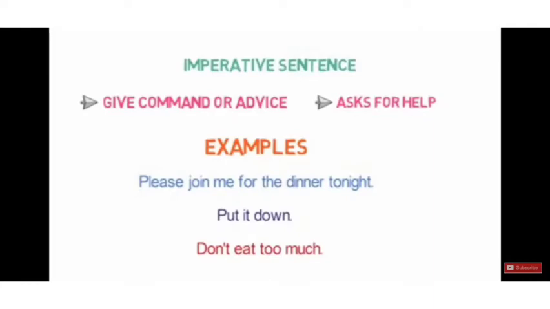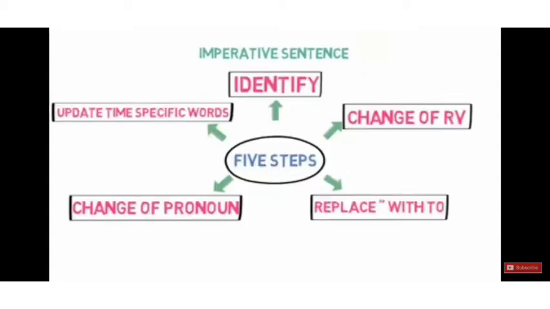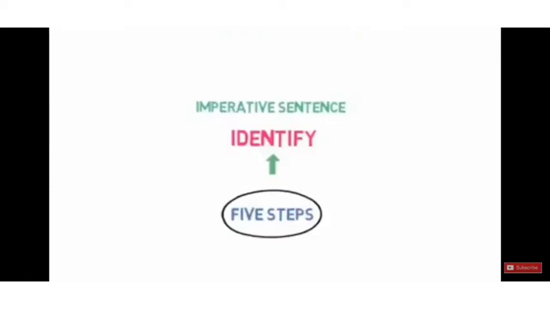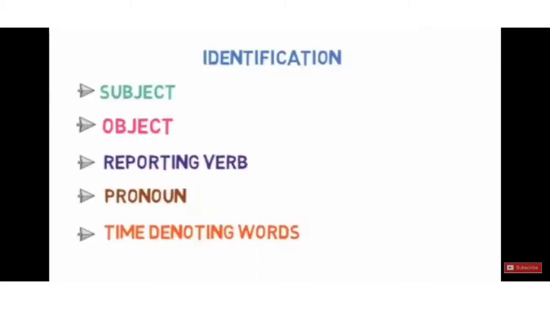Next we see how to use the 5-step formula for imperative sentences to convert direct speech to indirect speech. Step 1 is to identify. For the identification process, we need to identify the subject, object, reporting verb, pronoun in the reported speech, and time denoting words.